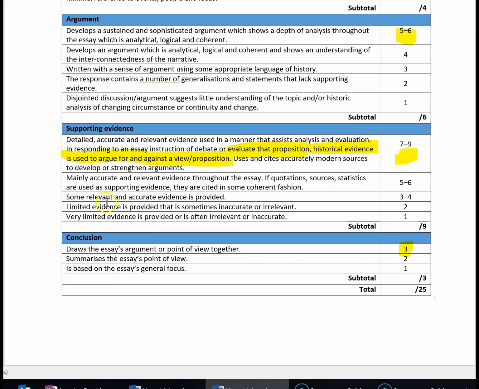Then this one here, the conclusion: you want to draw the argument or point of view together. You summarize it, or you just have one sentence at the end. What a good conclusion does is restate the proposition, reevaluate all the main points and bring it together with a final, yes, this is my position.